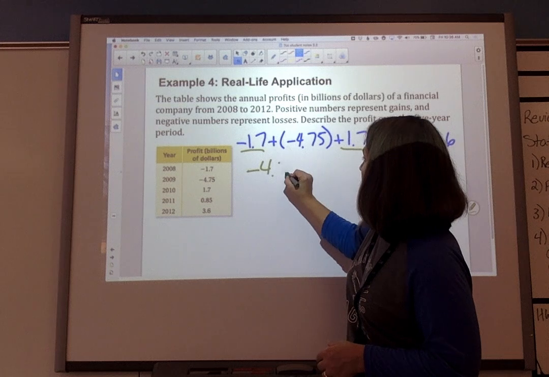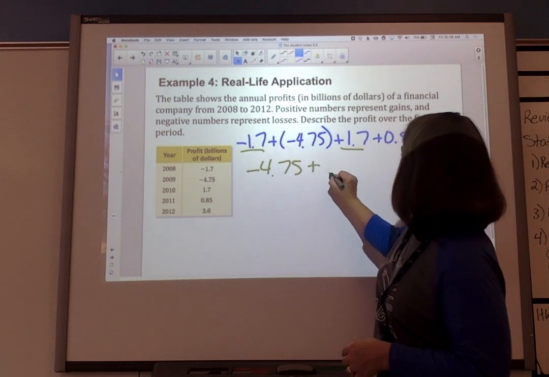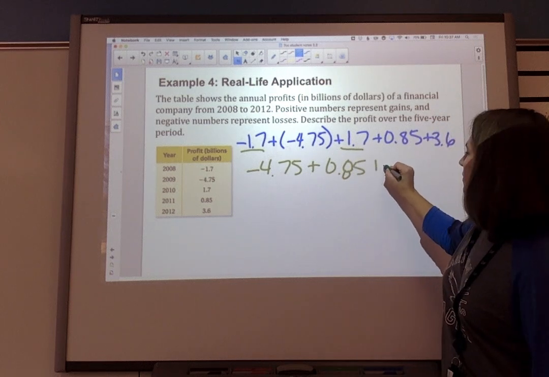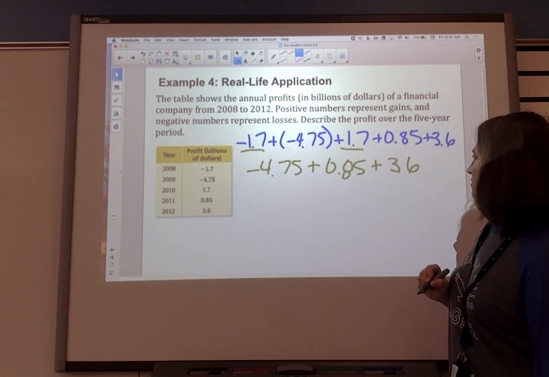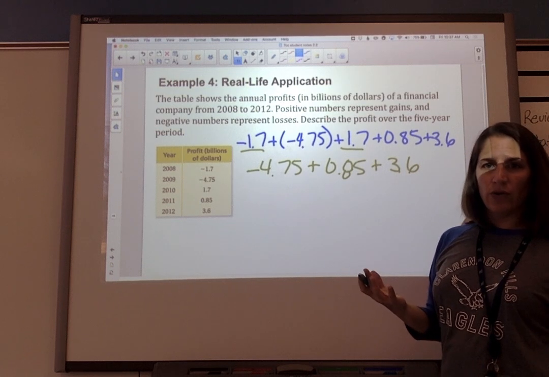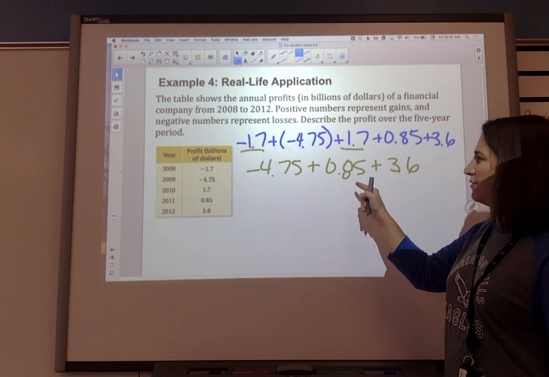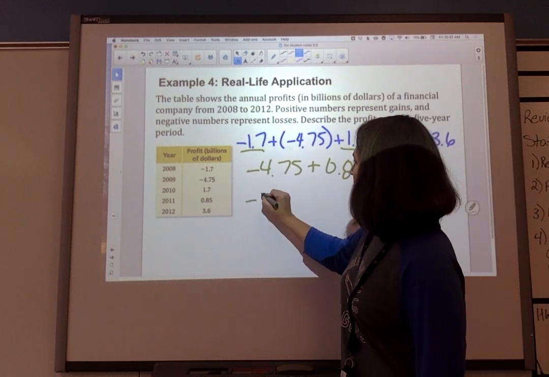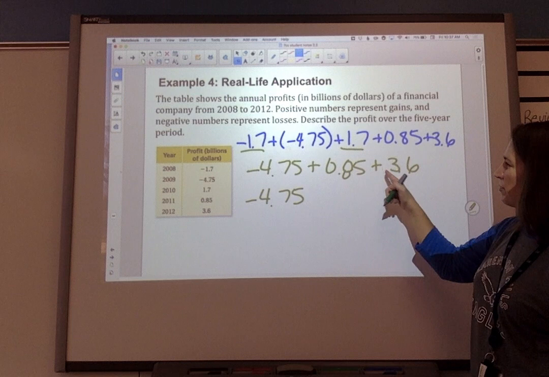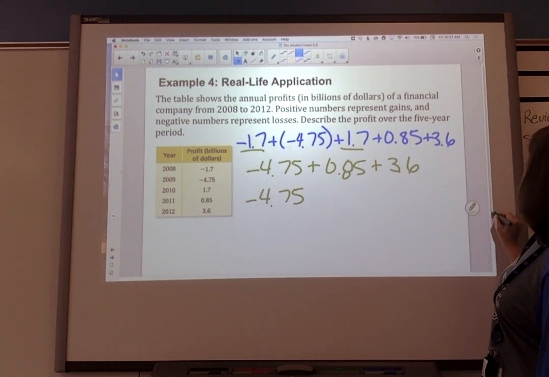Negative 4.75 plus 0.85 plus 3.6. Again, I could go in any order I want. I think I'd like to add the positives first. So I'm going to leave my negative 4.75, and then I'm going to combine the 3.6 and 0.85.